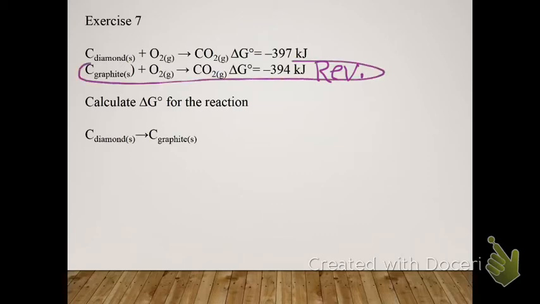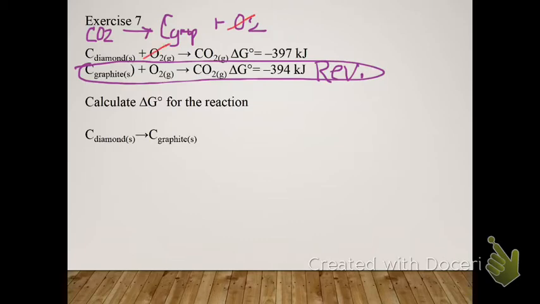So we're going to reverse that one. And to save time, I'm just going to jot it up above, reversed. So I'm going to have CO2 going to carbon graphite, abbreviate that, plus O2.